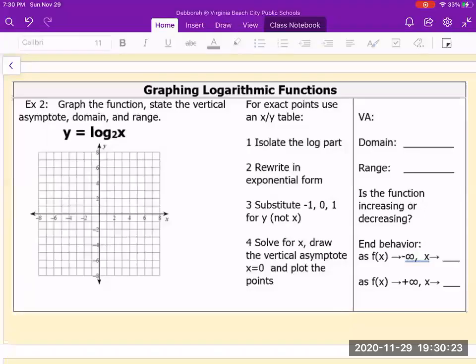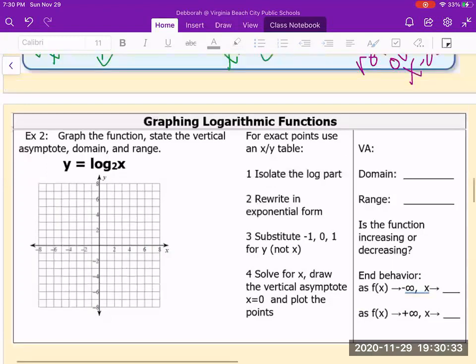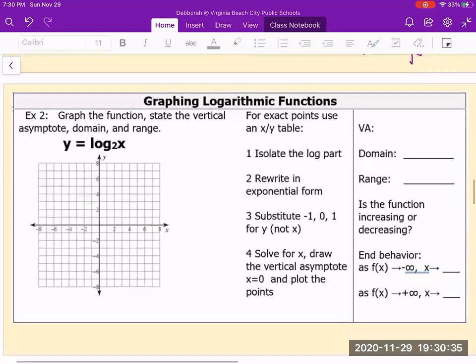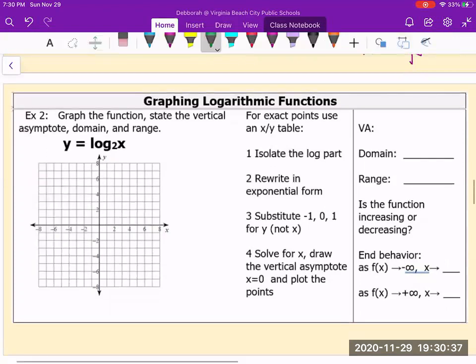Okay, let's graph an example here. We have y equals log base 2 of x. We're going to find some exact points using an xy table. But since we have log base 2 of x, it might actually be easier to convert that to exponential form.